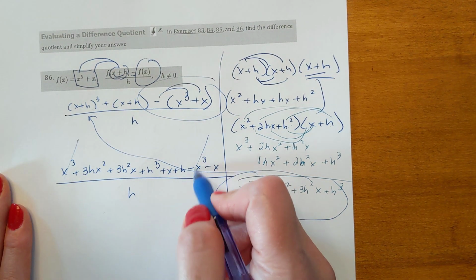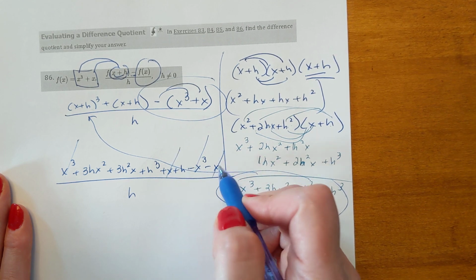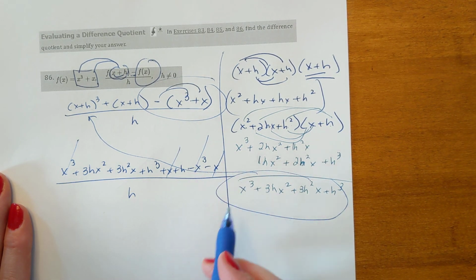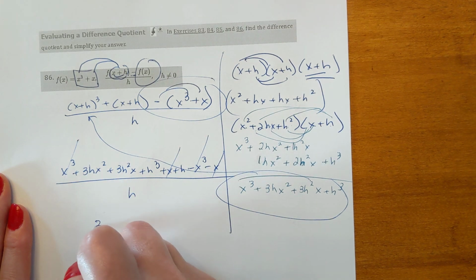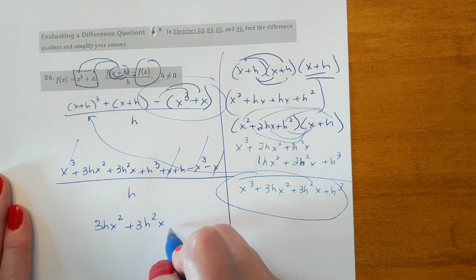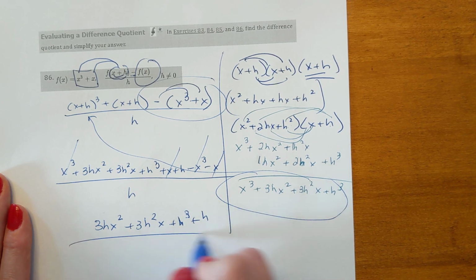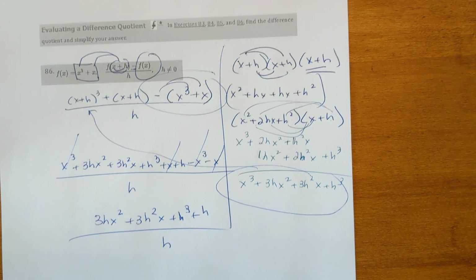So the x to the third's gone, the x is gone. We have plus x and a minus x, and we're left with then 3hx squared plus 3h squared x plus h to the third plus h, divided by h.